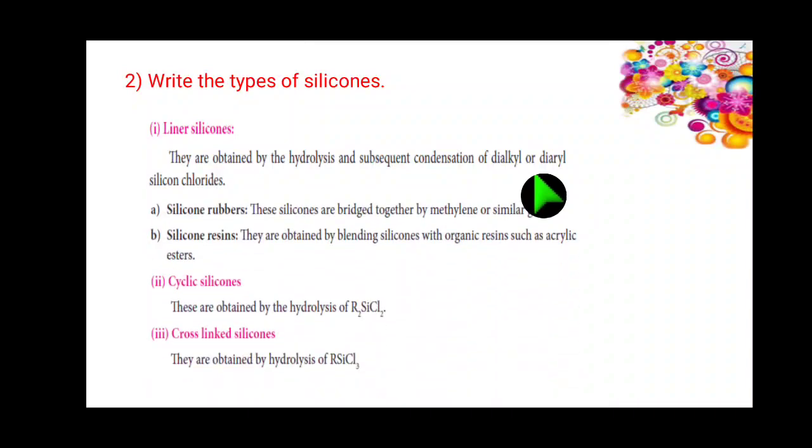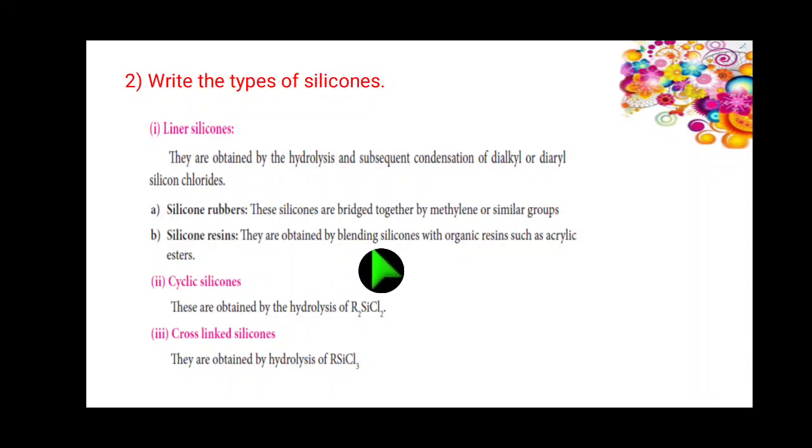Next one, the linear silicone. So what are the examples? Silicon polymer, silicon rubber, right? These silicones are bridged together by methylene or similar groups. Another example, silicone resin.